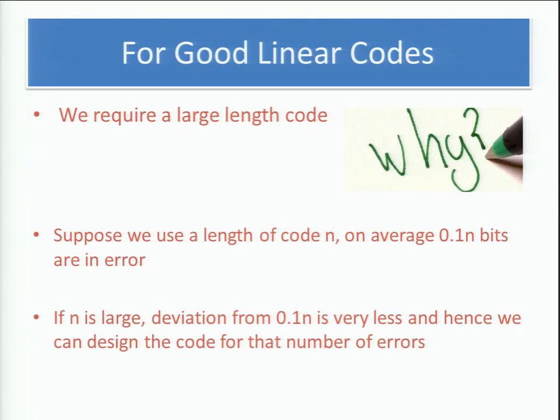If you design your code for a smaller length, this is an average number, that's fine, but the deviation comes into the picture, you will start seeing more errors, and that increases the probability of error. That is why it's advice in coding theory to design codes of large n. How large depends on the application, maybe 1000, maybe 10,000, in that range.